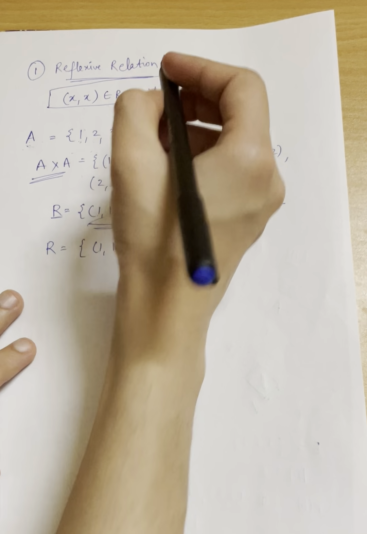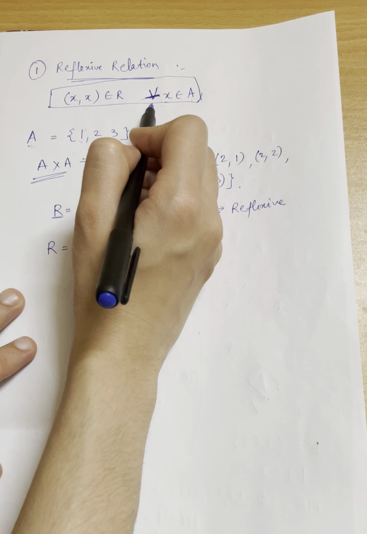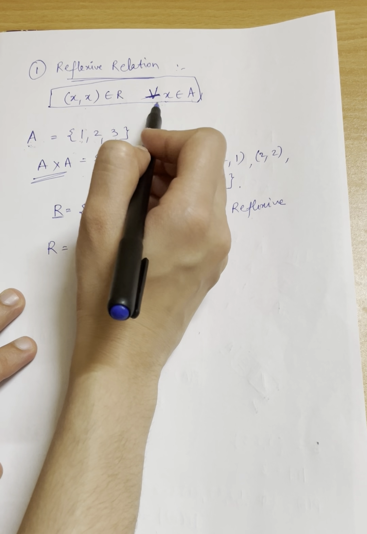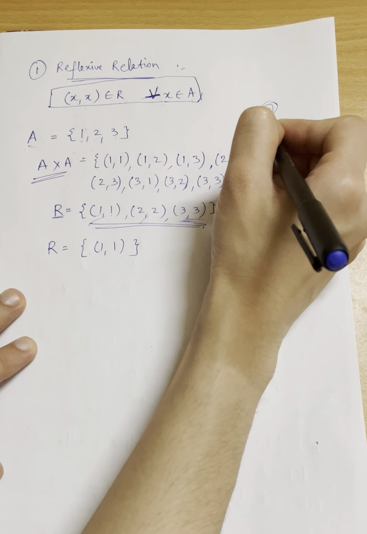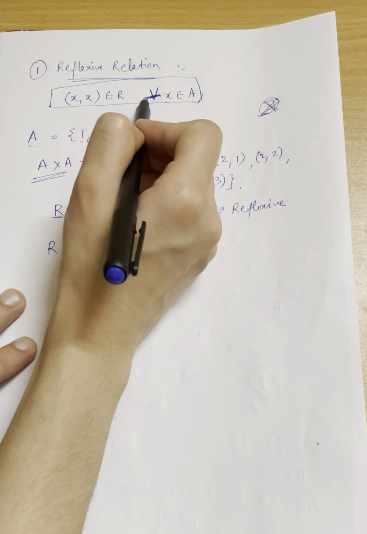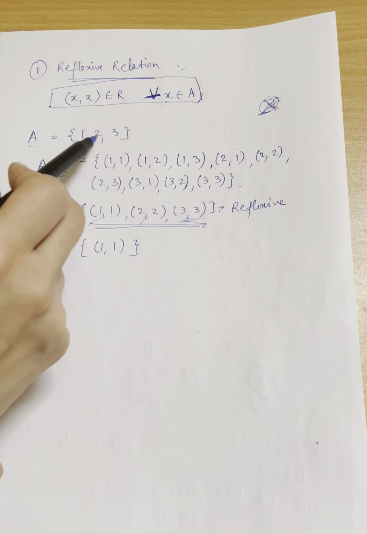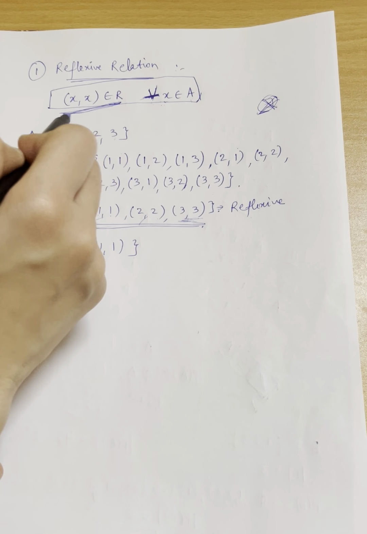Why? Because here it uses a quantifier which is not "there exists", not "there exists at least one". Here it is "for all". It means for all elements of set A, this condition should be satisfied.